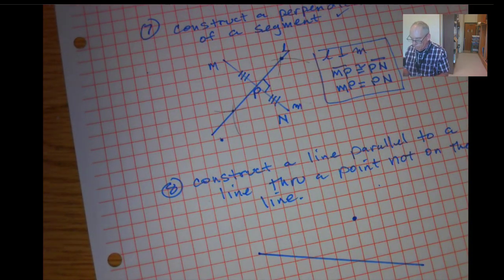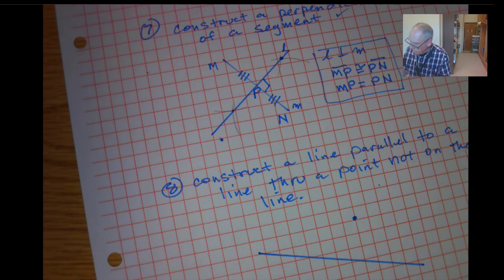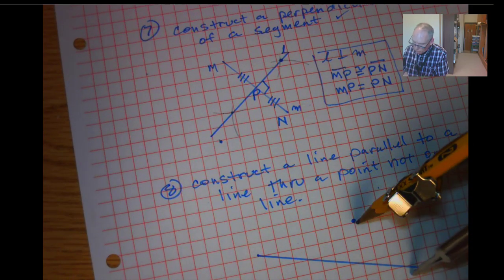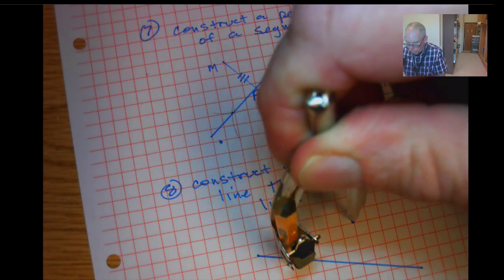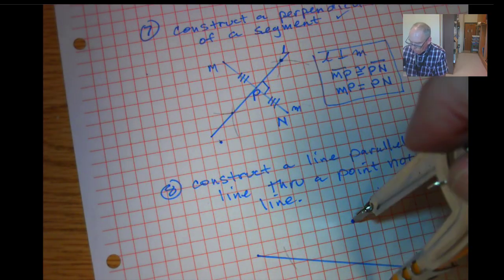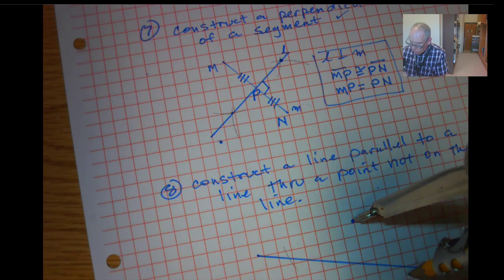So there's my line and my point that my parallel line needs to go through. The first step is to construct a perpendicular from that point to the line. So that's like the construction we did before. I set my compass at some radius that's going to hit the line, and I strike an arc on either side.